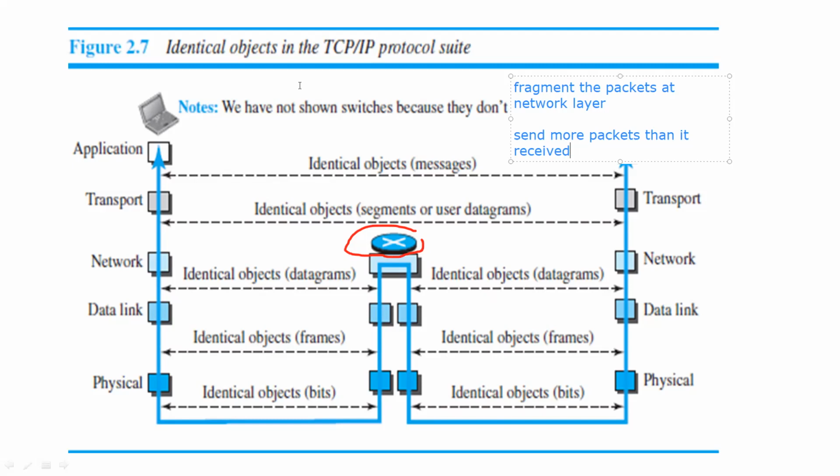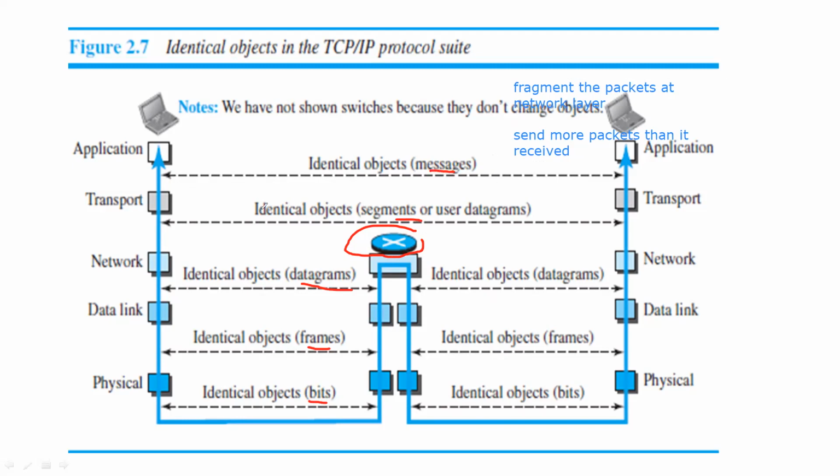So these are the identical objects with respect to TCP/IP. With respect to an application, the identical object is a message, whereas with respect to transport, it's a user datagram or a segment. With respect to the network layer, it's a datagram, frames with respect to the data link layer, and bits in the case of the physical layer.